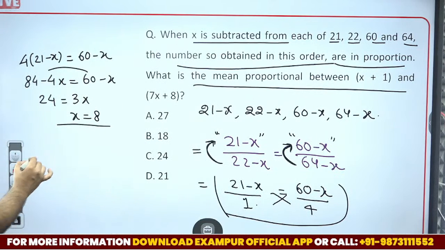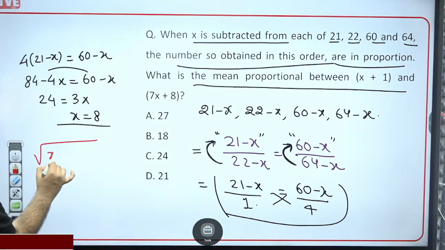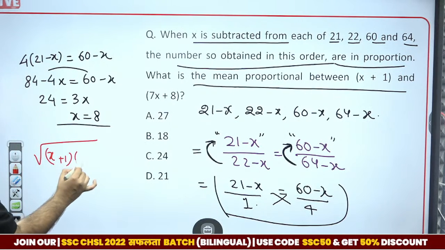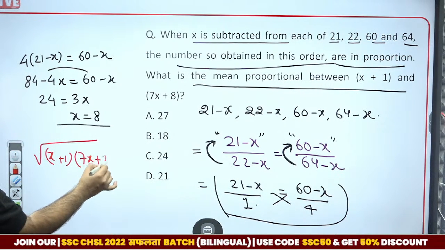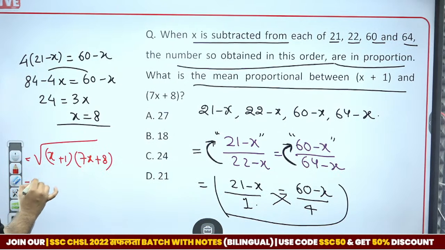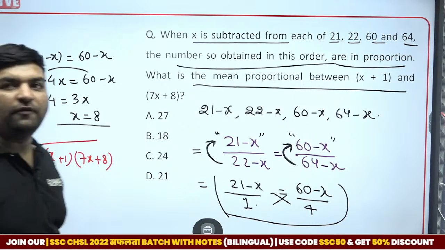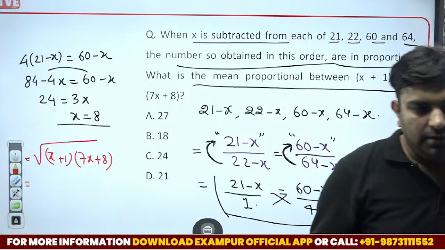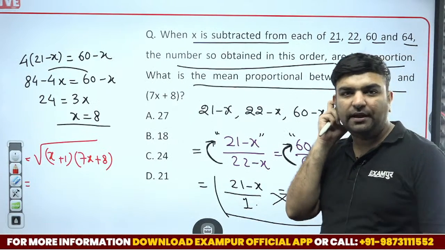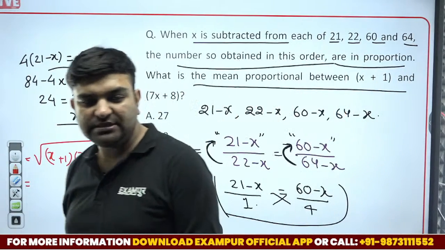What is the mean proportional of x plus 1 and 7x plus 1? Mean proportion of two numbers is under root AB. We have already discussed it.